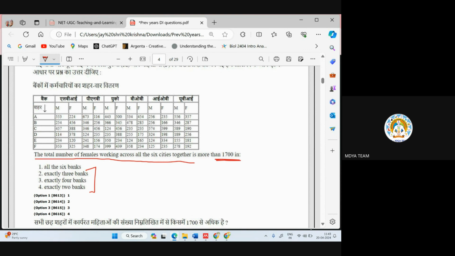Now, see, first add all the values of females. Total number of females working across all the 6 cities. So you have to add females working in all the banks.